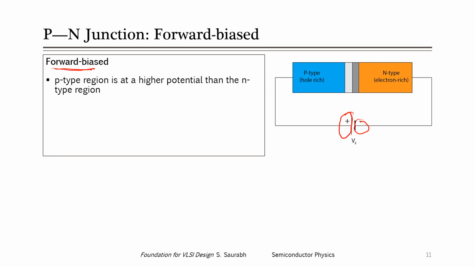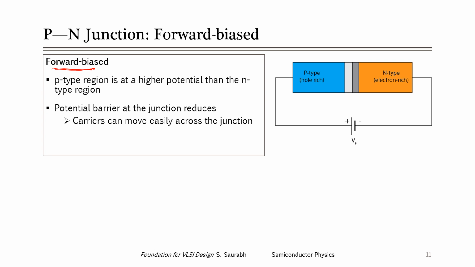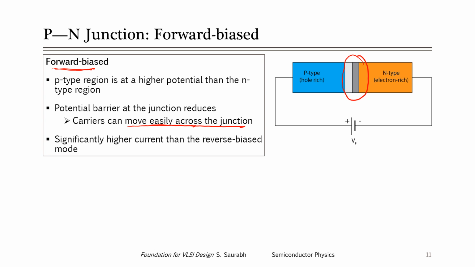When this happens, the potential barrier at the junction reduces from what it was at equilibrium, and this allows the carriers to move easily from one side to the other. So when we change the polarity of the bias to the PN junction, the current is expected to increase if it is forward biased, right?